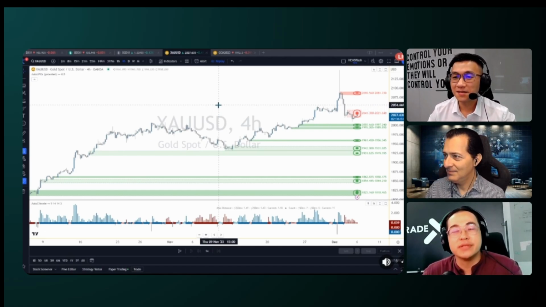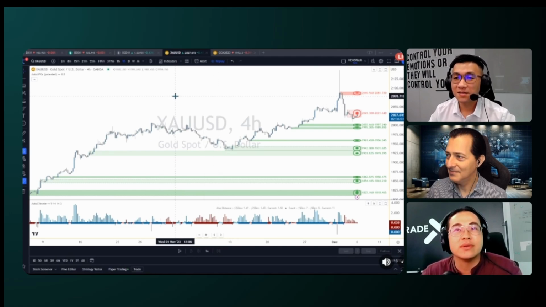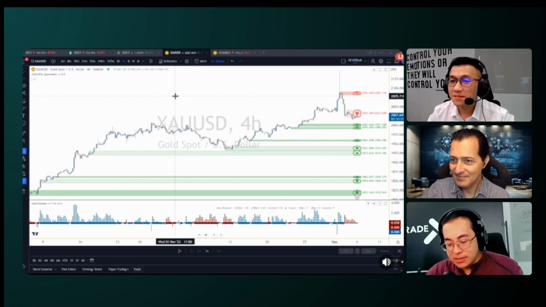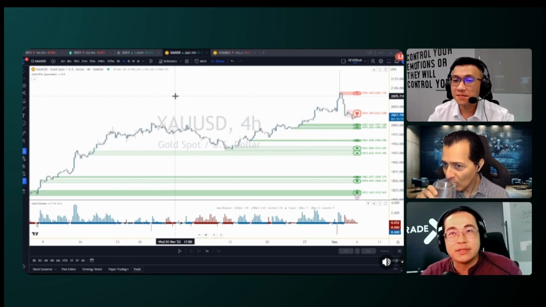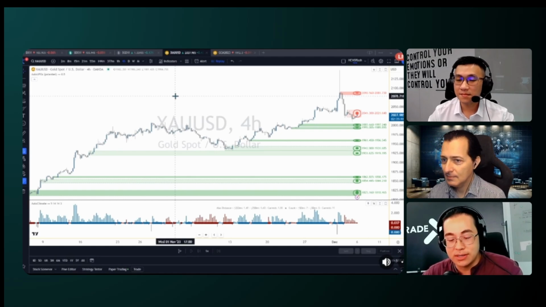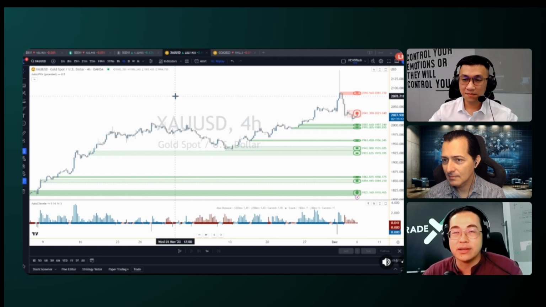Just a bit of personal experience shared using this AutoUFO. For me, my trading style personally, I do a lot of price action. I trade a lot of key levels, but I find that when I combine it with AutoUFO, so far from my limited testing, it gives me additional confluence, definitely, for my entries.